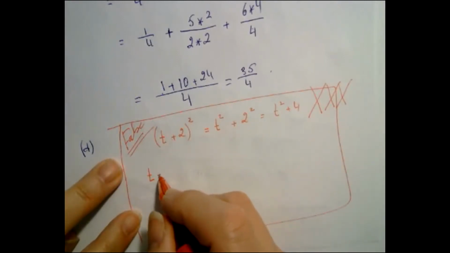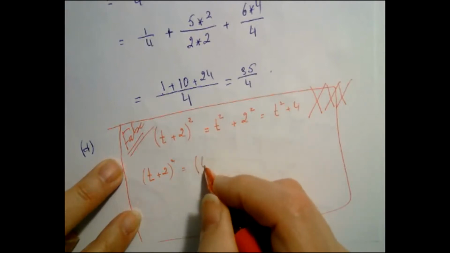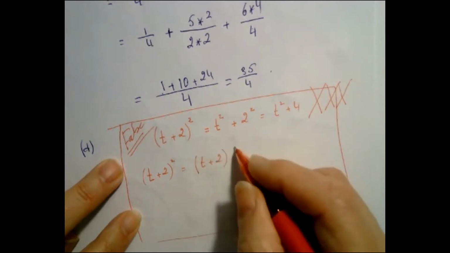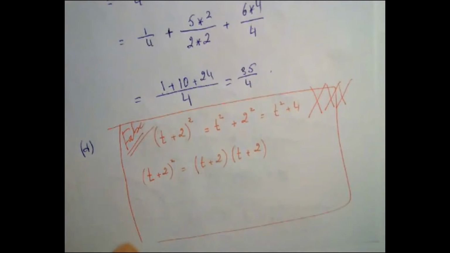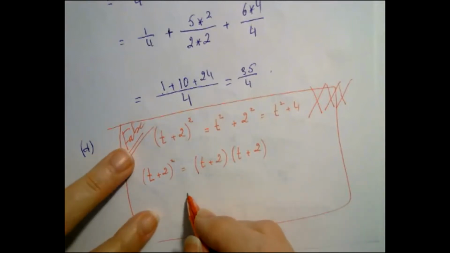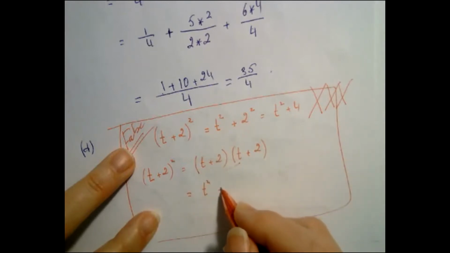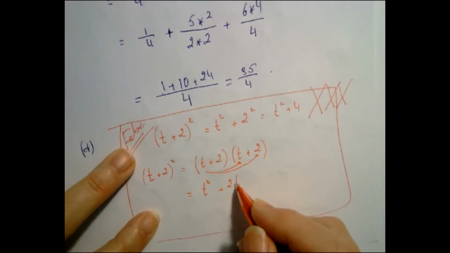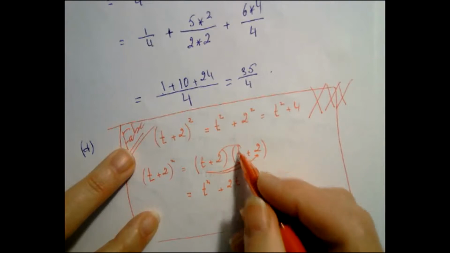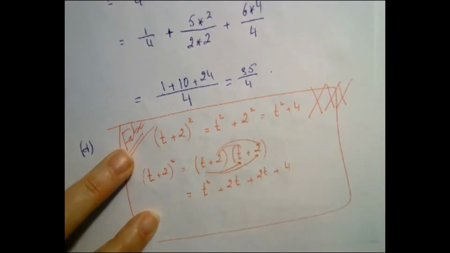What does it mean, t plus 2 squared? It means t plus 2, basically, multiplied by t plus 2. That's the way I want you to look at it. But this is going to give me what? If I distribute, what do we get? t times t is t squared, plus 2t, plus 2t, plus 4.